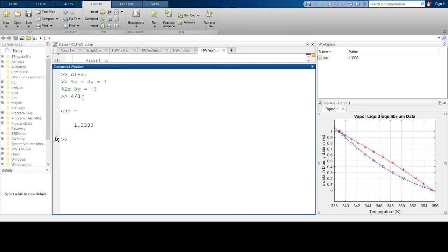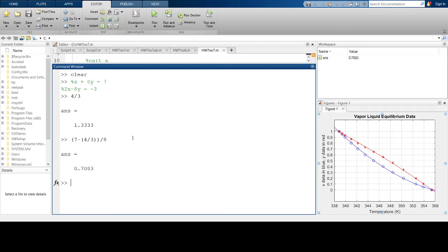And then y will be 7 minus 4 divided by 3, divided by 8, which should be 0.7083. These are the numbers we should get if our approach is correct.